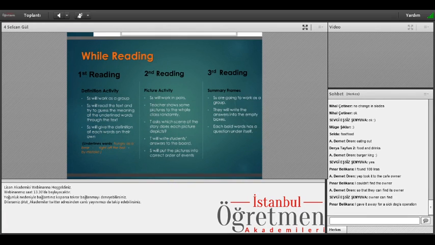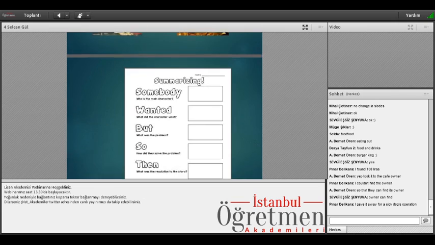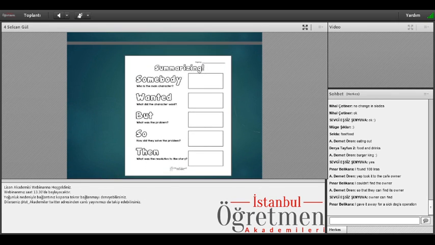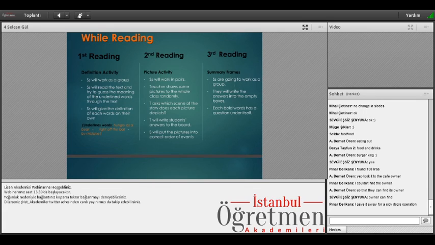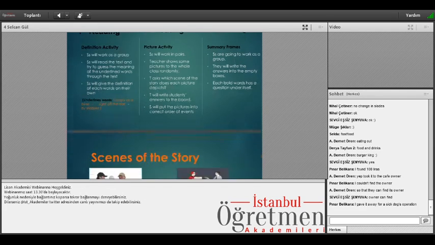For the third reading, the last reading, the teacher distributes a card to the students. Let me show you this card, a worksheet. And they are supposed to fill in the blanks. So after these three readings, you make sure that students comprehend the whole story.